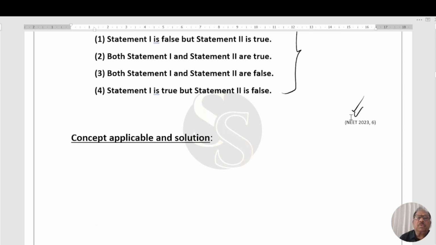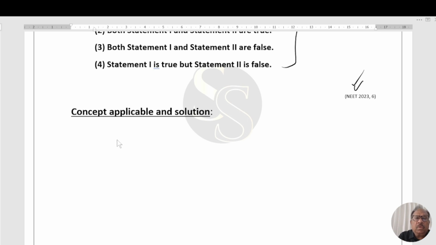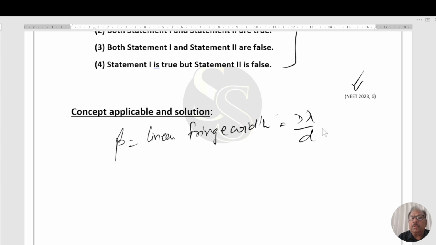Concept applicable in solution. You know, beta is the linear fringe width. Linear fringe width is equal to capital D lambda upon small d.